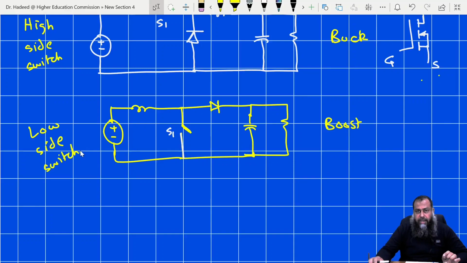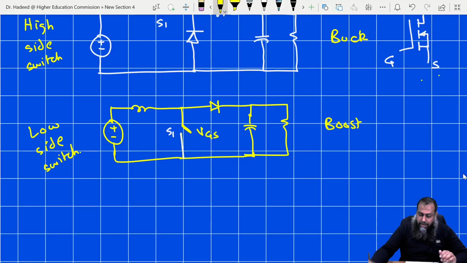Now there are some technical issues that arise when we have a switch connected on the high side, and the low side driver circuit is considered easy to operate, because to turn on this device we apply the gate to source voltage where this source is connected with the zero potential, and therefore there is no need to elevate the gate voltage such that we have a VGS greater than the V threshold.